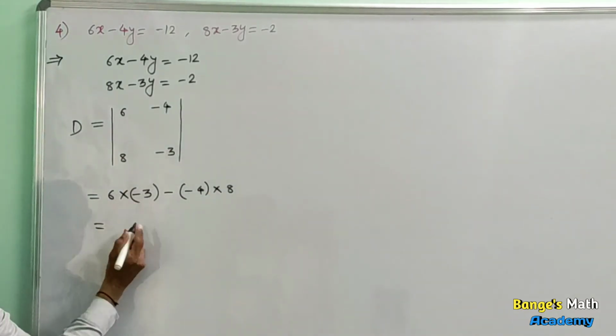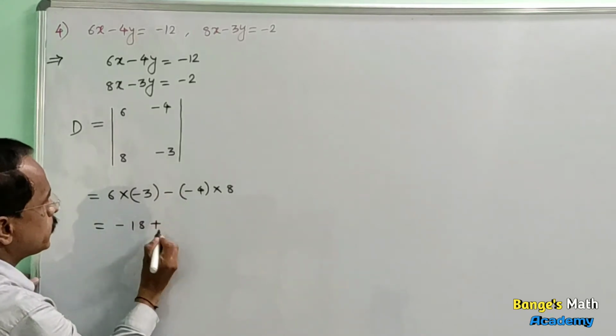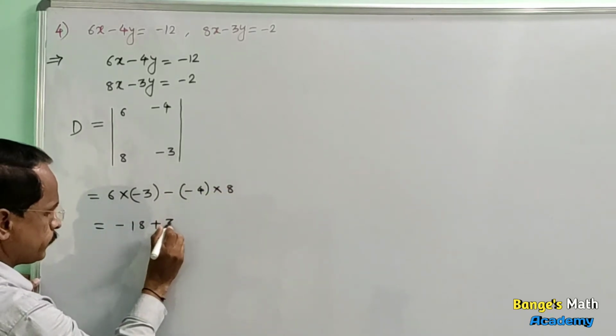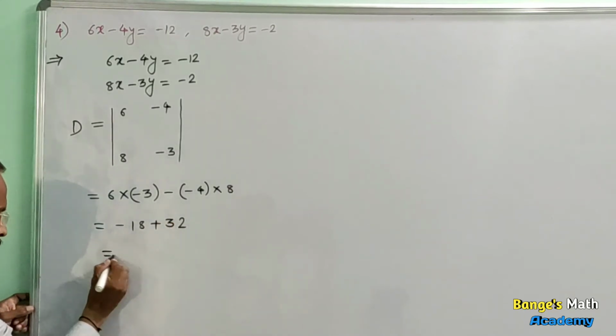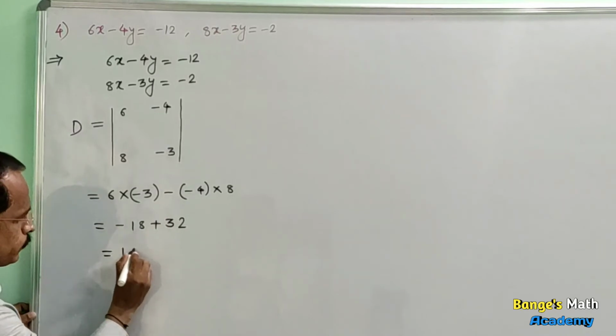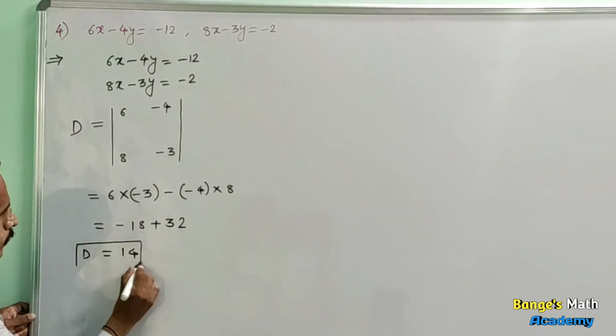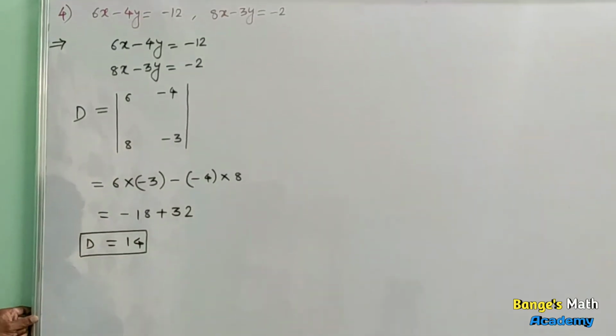Simplify this. 6 into minus 3 is minus 18, minus into minus plus 4 into 8, 32, is equal to minus 18 plus 32, 14. We get the value of d is 14.